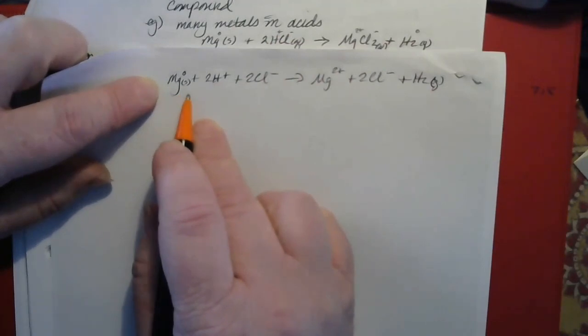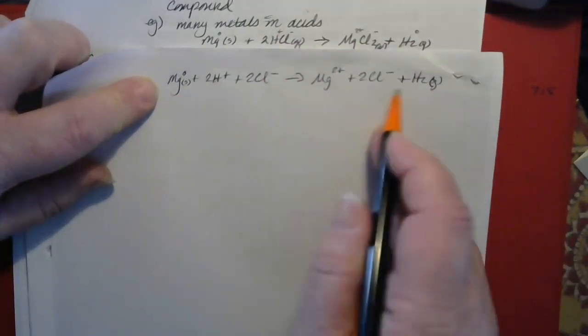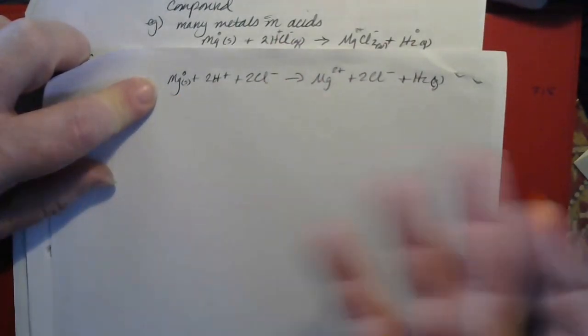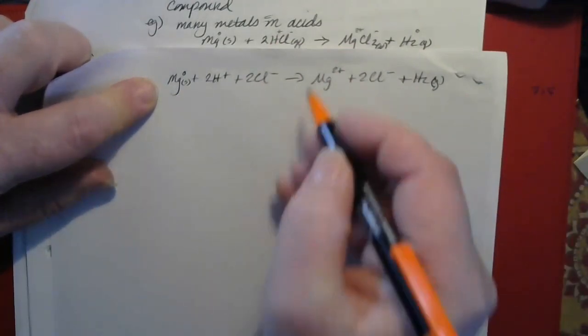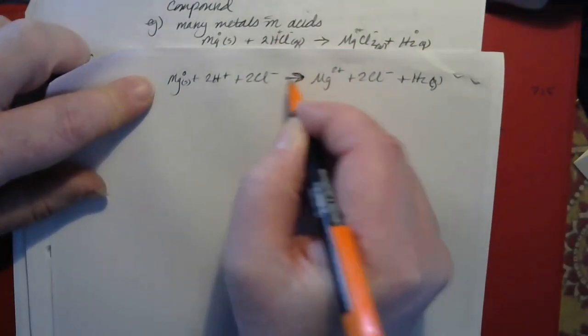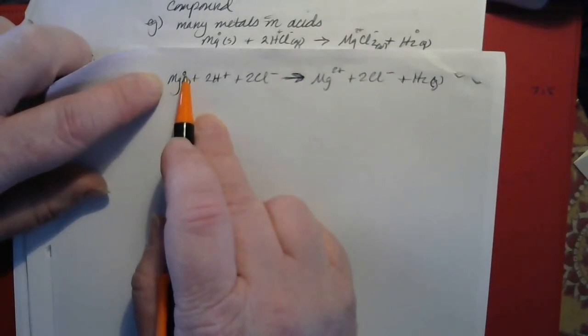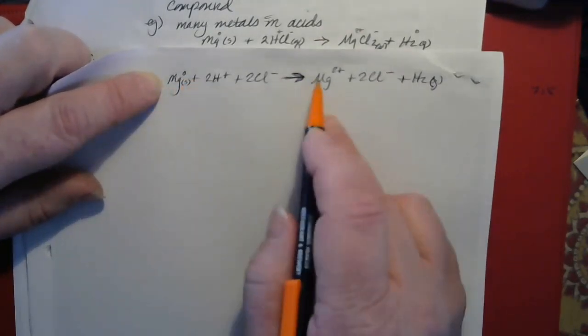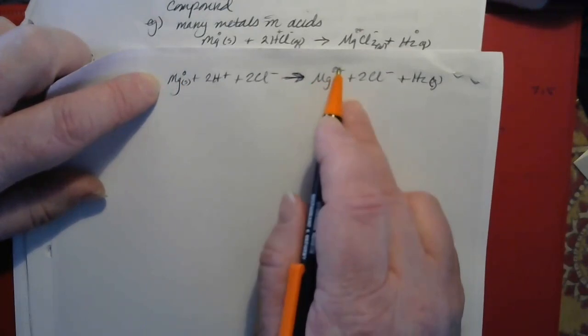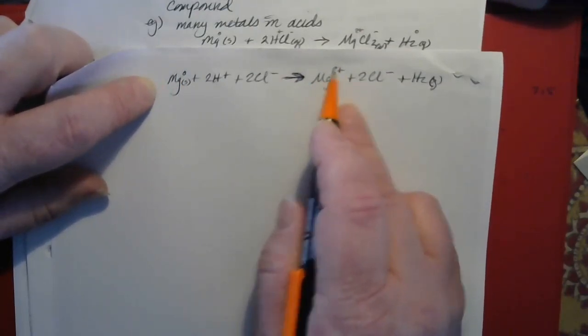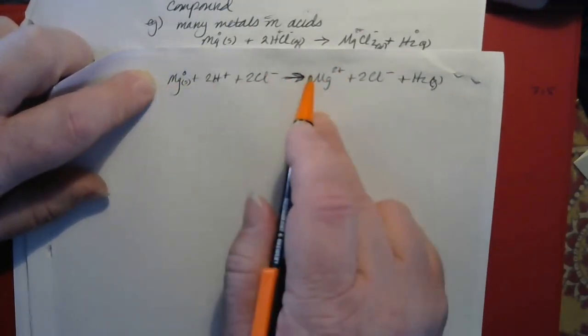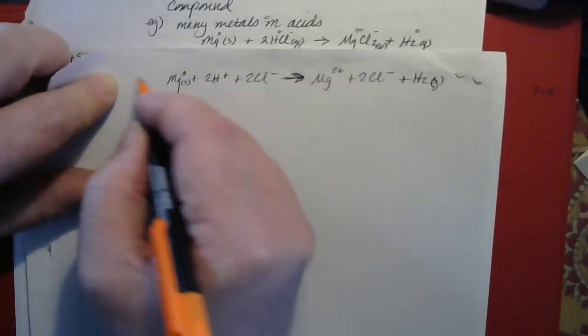Okay, so if we look at these things involved in the reaction on either side of the arrow, we see that we have magnesium metal going in, magnesium with zero charge, and we have magnesium aqueous ions with a +2 charge coming out. That's a change. So we would have to keep the magnesium for the net ionic equation.